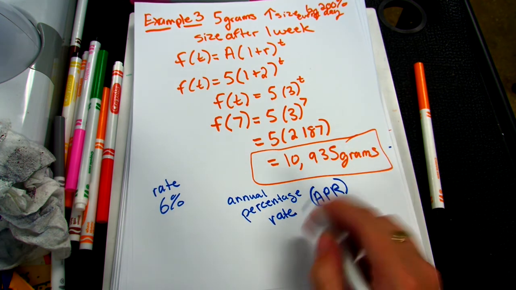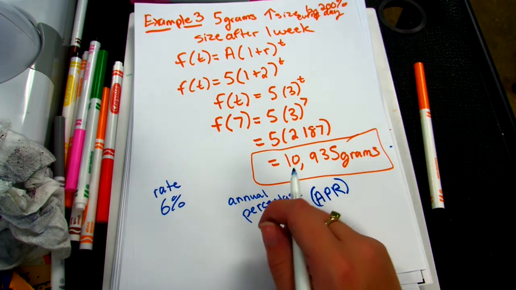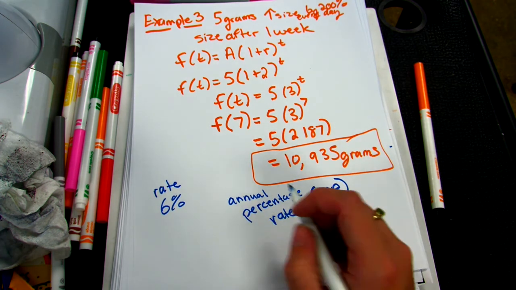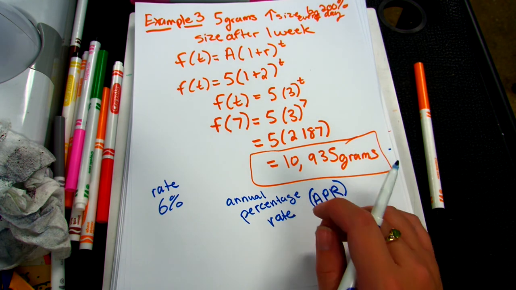So your annual percentage rate is not the same as your rate. Your rate is just 6%. However, you have to divide that by the number of periods in a year.